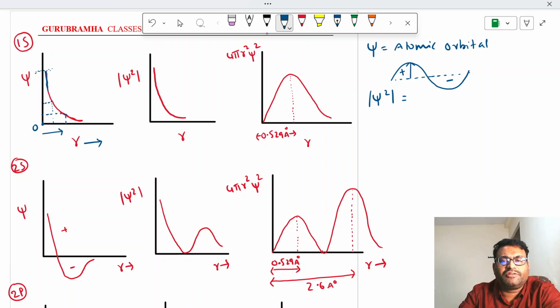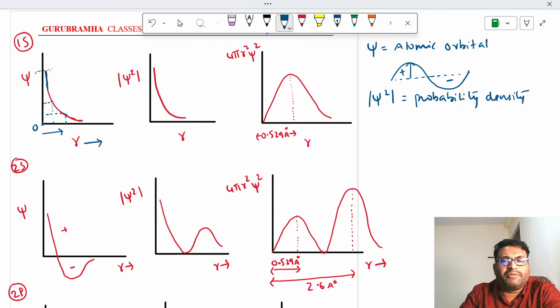It represents probability density, the actual probability of finding an electron at a particular region around the nucleus.